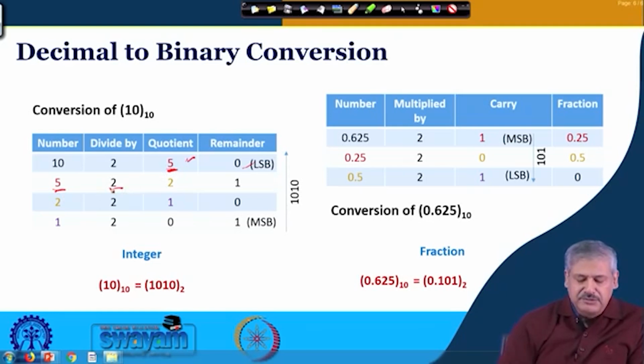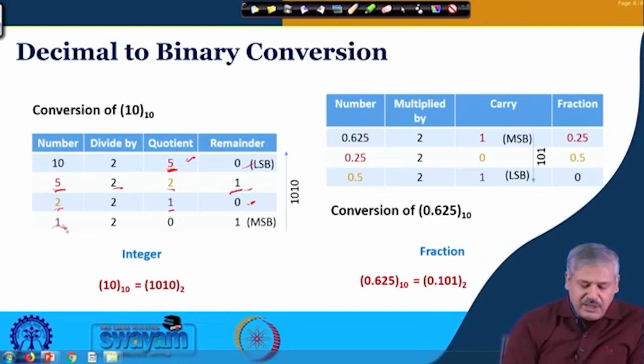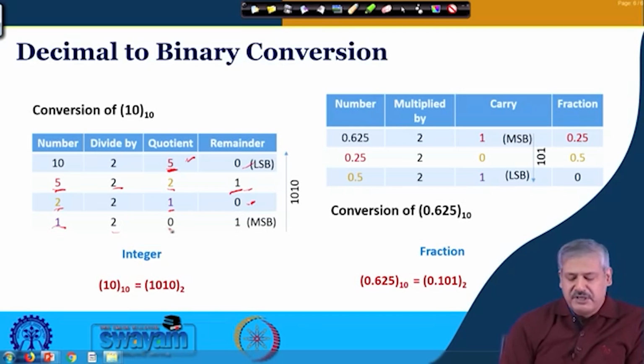Again we divide by 2: the quotient is 2 and the remainder is 1. Again we divide by 2: the quotient is 1 and the remainder is 0, because 2 is completely divisible by 2. Then 1 divided by 2 gives quotient 0 and remainder 1.